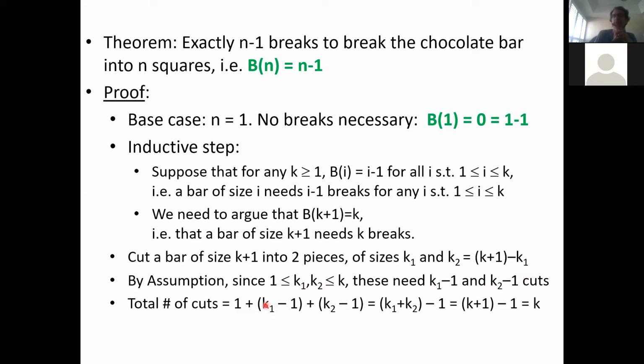If you just group them, this is k1 plus k2 plus 1 minus 1 minus 1, so minus 1. And k1 plus k2 sums to k plus 1. So this is k plus 1 minus 1, which is k, which proves this. And now you'll see how exactly this matches a recursive algorithm, right?